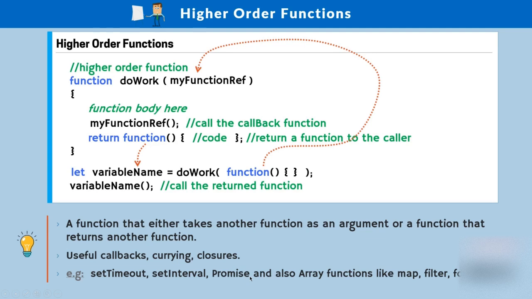That is also an example of higher order functions. Exactly, promise is an example of a higher order function. And in the section of arrays, we have some predefined higher order functions such as filter, find, findOne, map, and forEach, etc. So let me demonstrate these higher order functions now.